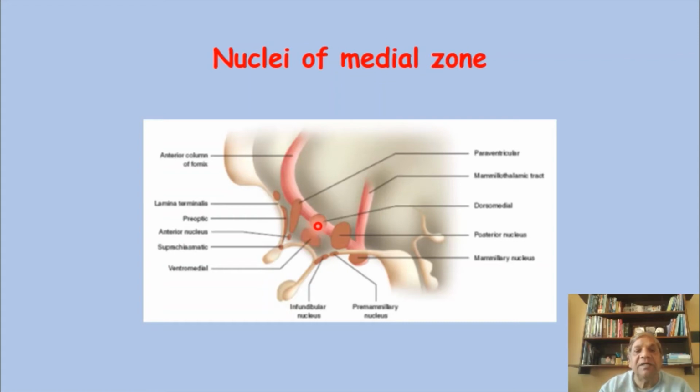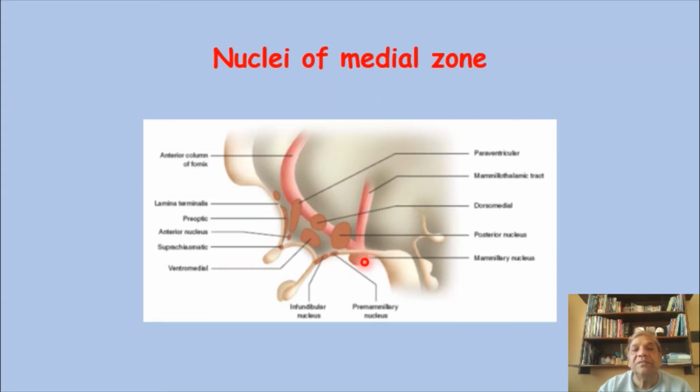Then a large posterior nucleus, and within the infundibulum it is the infundibular nucleus. And this nucleus is premammillary, because it is placed just in front of the mammillary body.